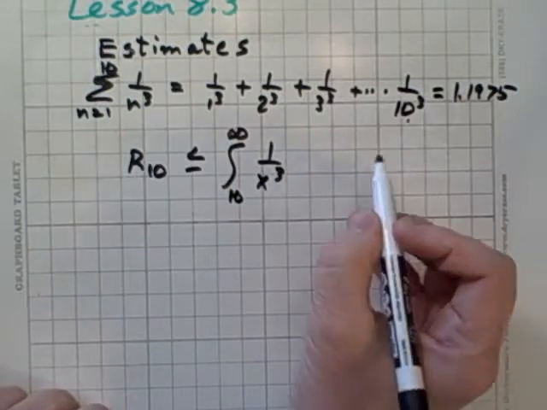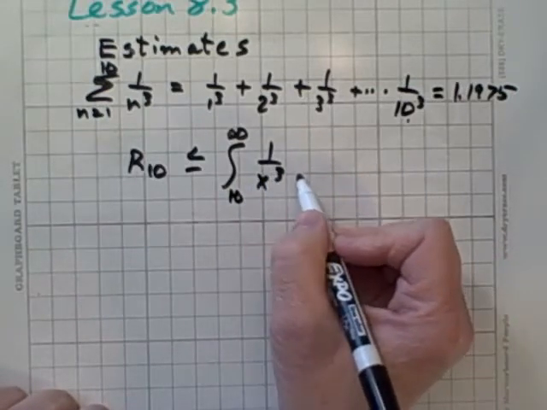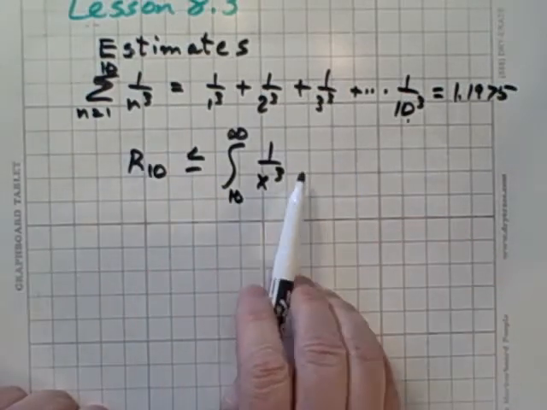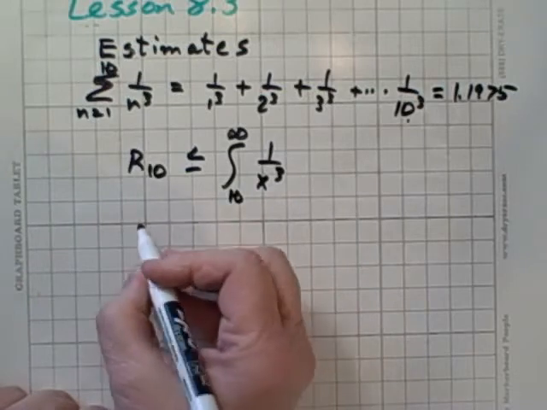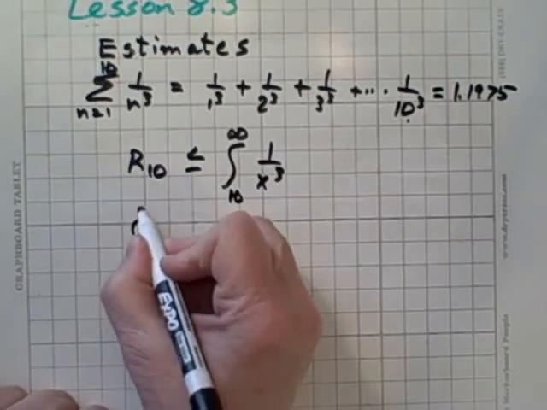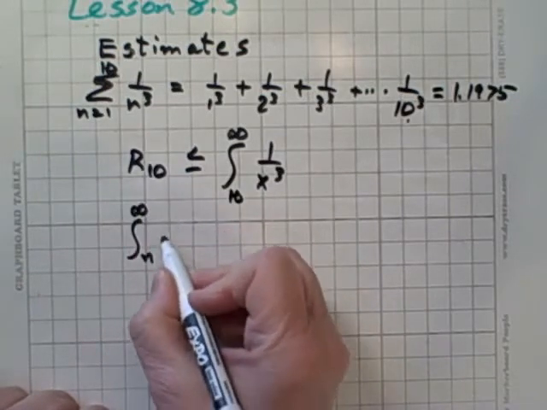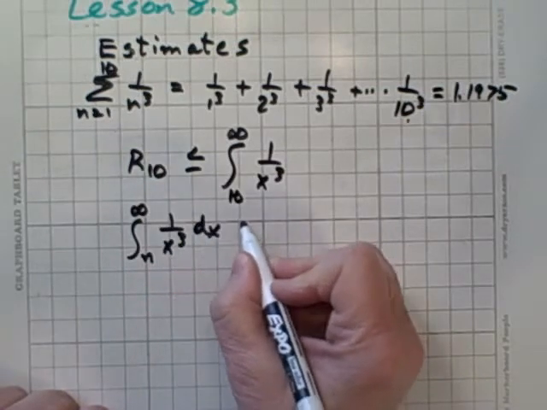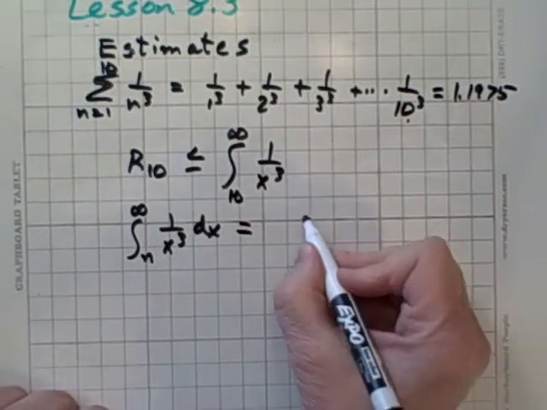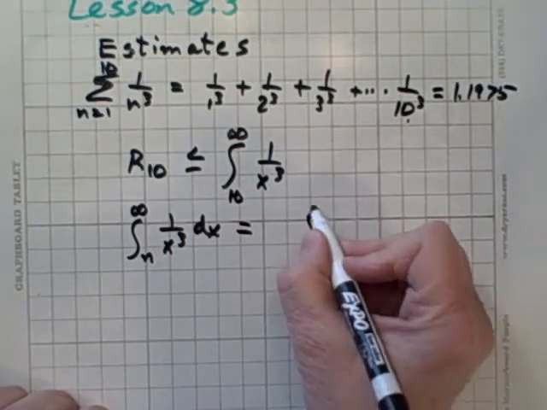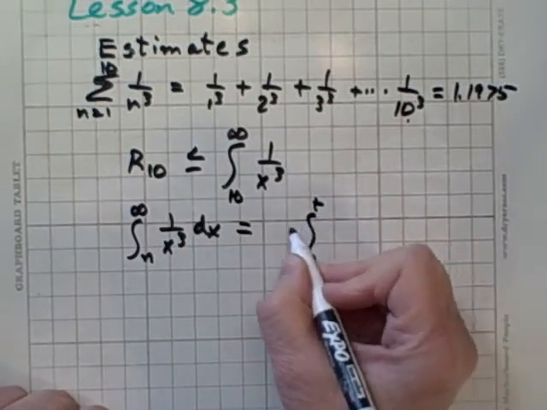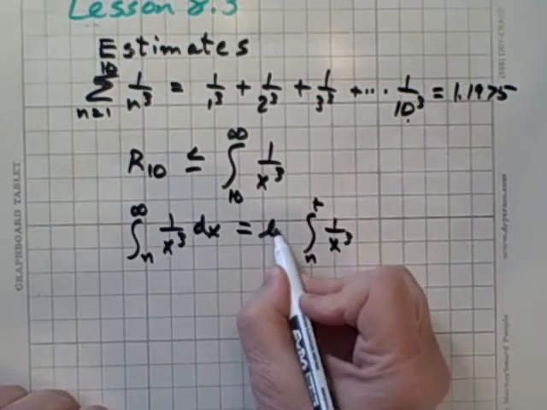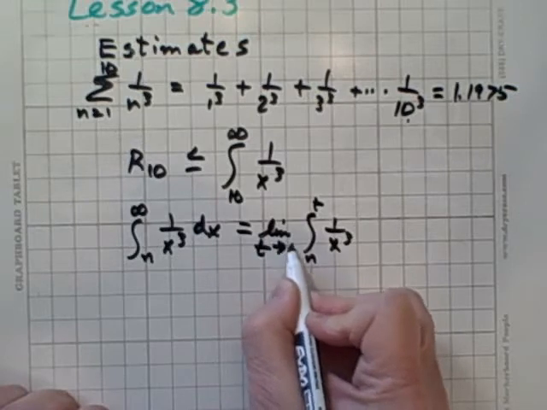If we carry out the integral, we get 1 over 2n squared. If we do the improper integral from n to infinity for 1 over x cubed, we would replace that with t and take the limit as t goes toward infinity.